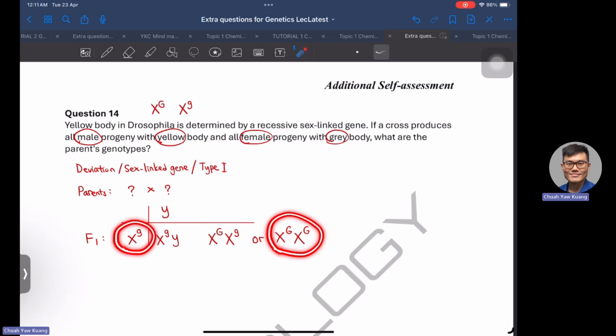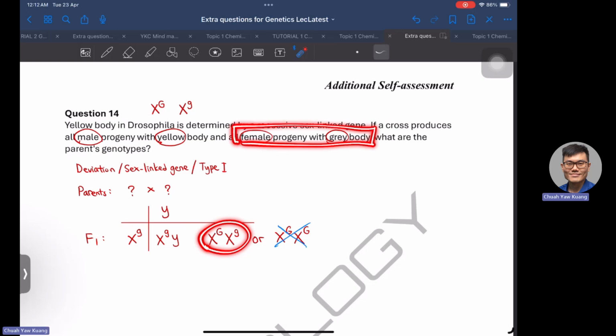This gamete will be donated to this individual, and if this is the recessive one, then it's impossible to have the homozygous dominant genotype. So this is confirmed out already. That means this would be the genotype of the female progeny: all the gray-bodied females must have this genotype.